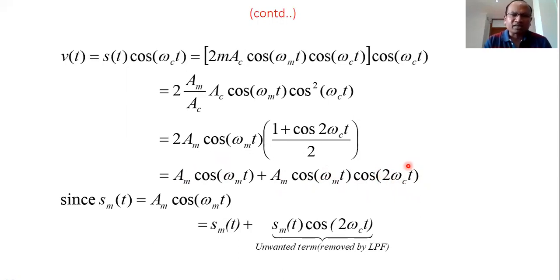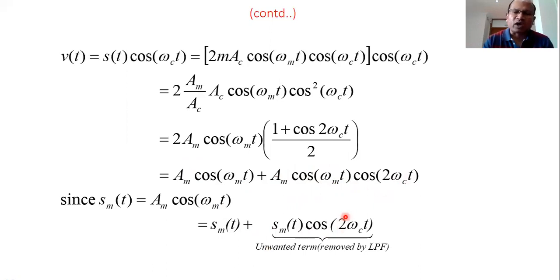So we can pass this signal through a low pass filter that allows only the signal band limited to omega M. This will be allowed, and the component, which is the message multiplied by cosine 2 omega CT, will be rejected.